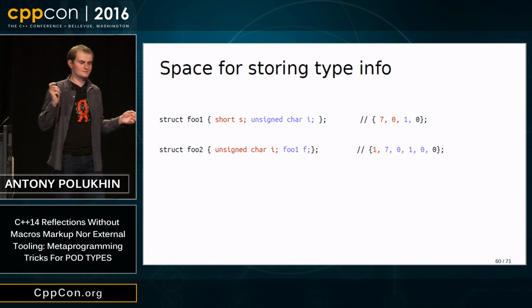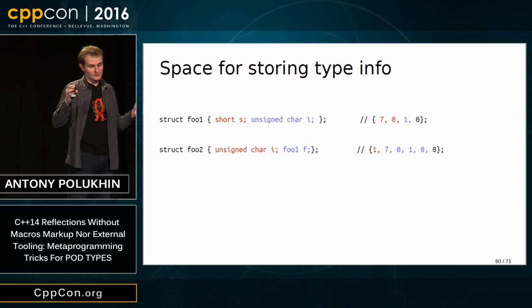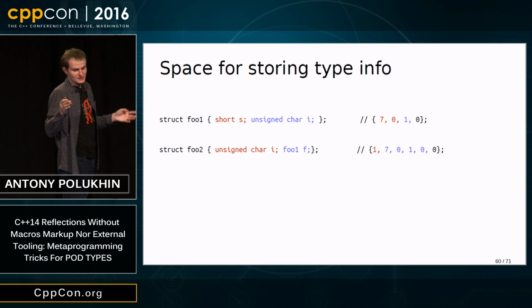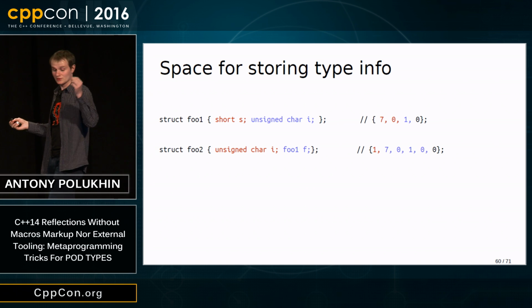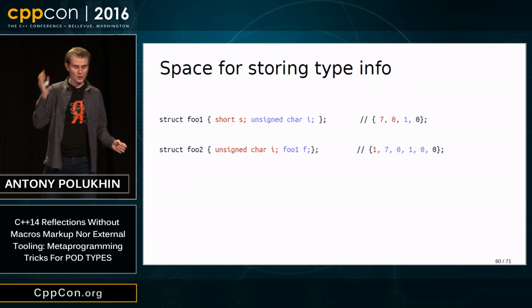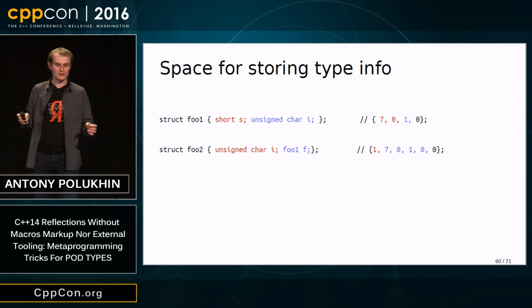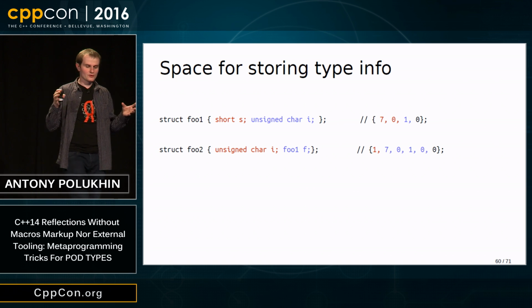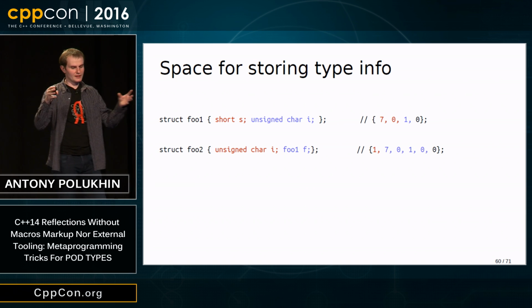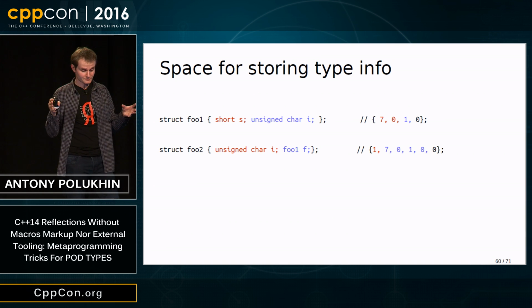Let's make it harder. Structure foo2. Size of structure foo2 equals 6. First field is unsigned char. It has identifier 1. It's the first field. Size of previous fields equals 0. So we write 1 by index 0. Then goes the foo1 structure. And we'll just be encoding it as if all the fields of the foo1 structure are located in structure foo2.